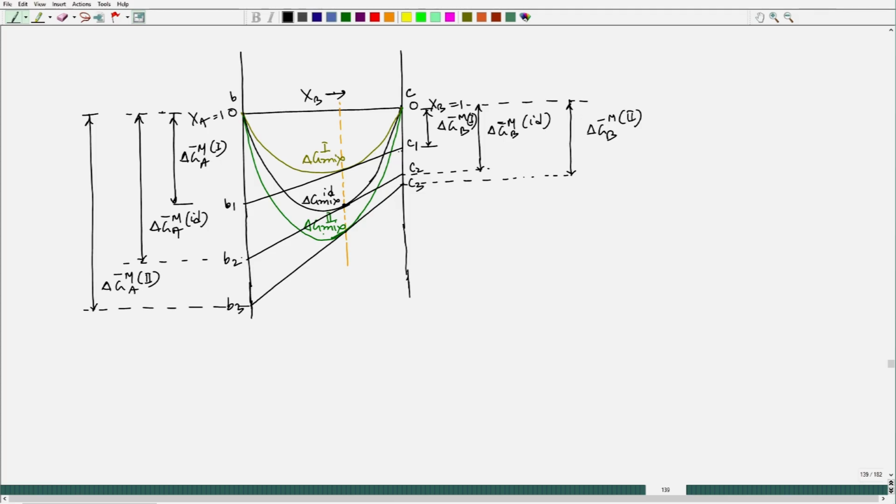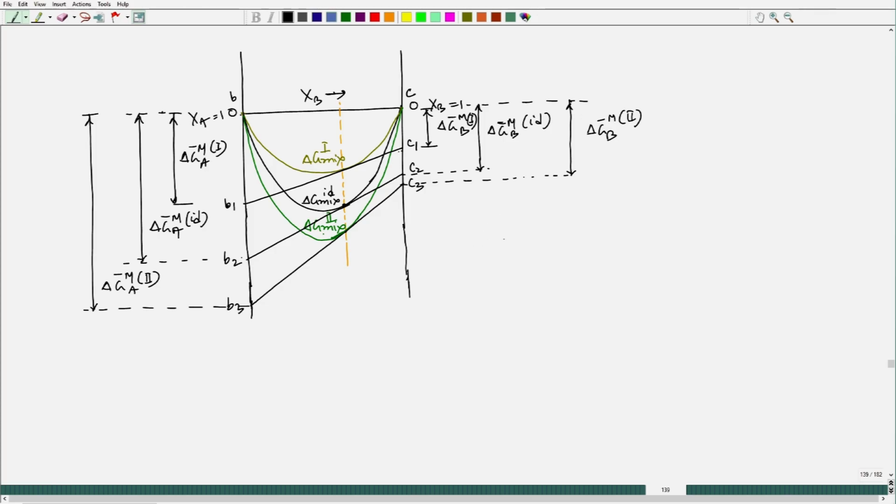Now we can have a relation. Remember, all those values are negative in sense because it is starting from 0, because that delta G mix curve is merging with 0 at the extreme ends, that means in case of pure metals.